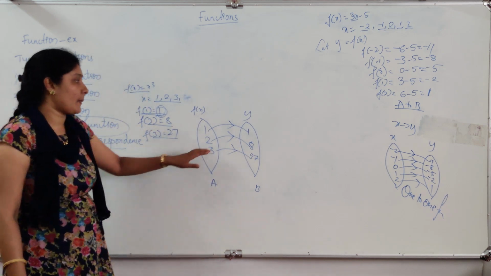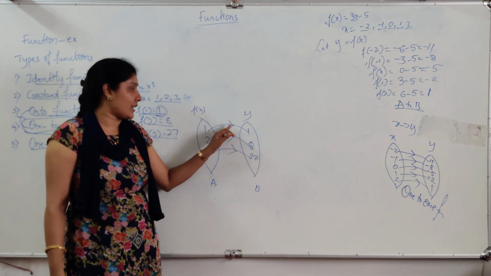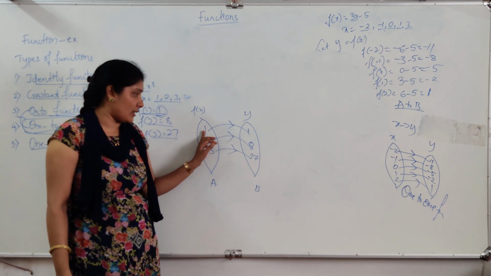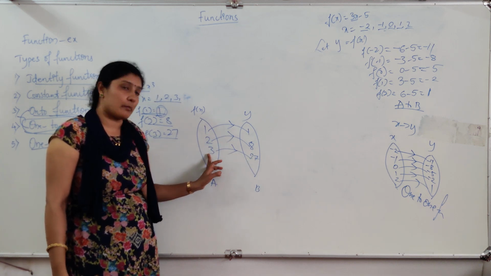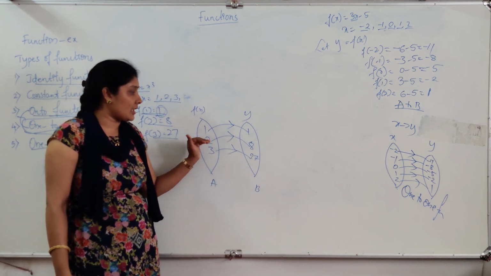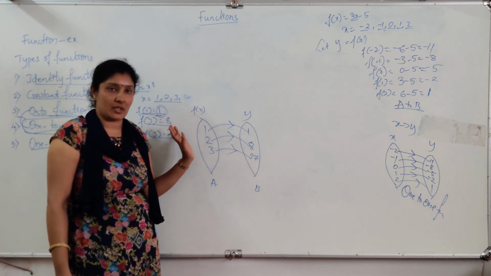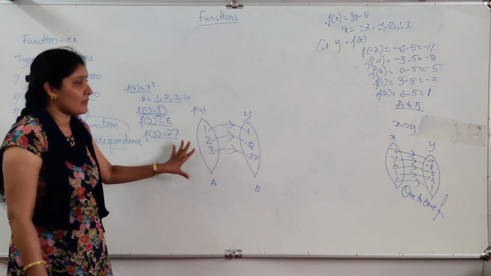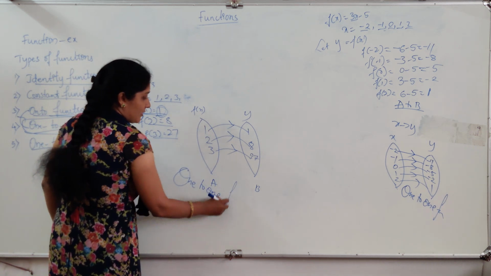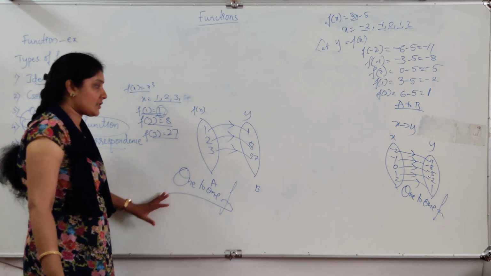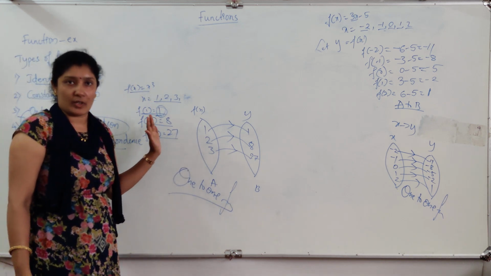Here also 1 is the image dedicated to only the pre-image 1, and similarly 27 is the image dedicated to pre-image 3. This is how there is a dedicated image as well as pre-image. Therefore, this is also nothing but a one-to-one function. So hence it is proved that this function is also a one-to-one function.